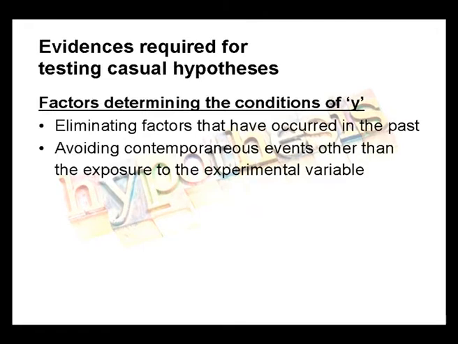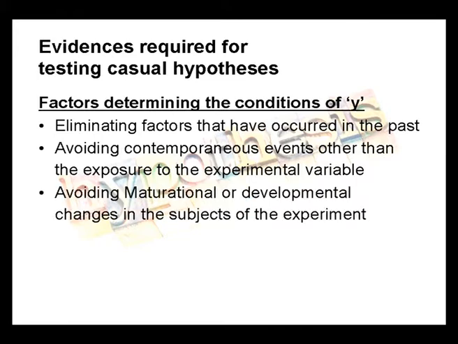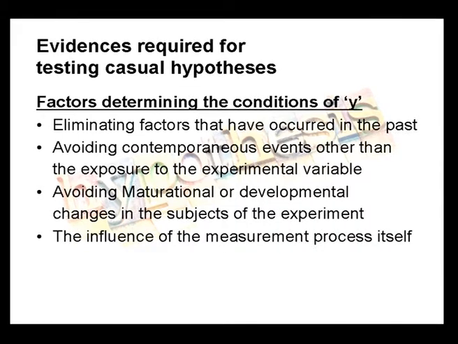Second, by avoiding contemporaneous events other than the exposure to the experimental variable. The third one is maturational factor. Maturational or developmental changes should be avoided in the subjects of the experiment. And the last one is the influence of the measurement process itself.